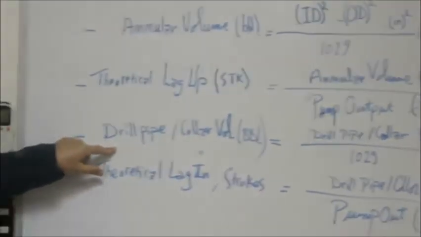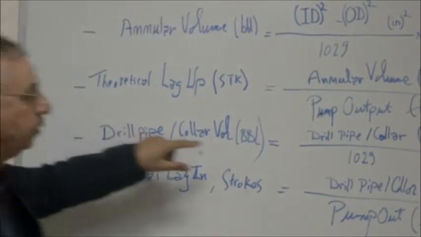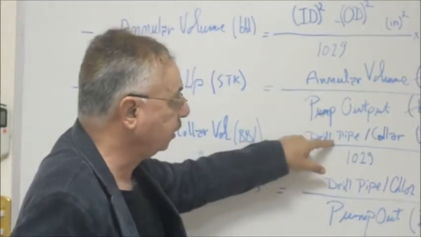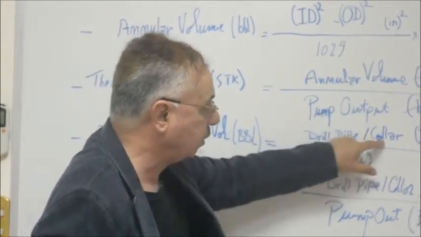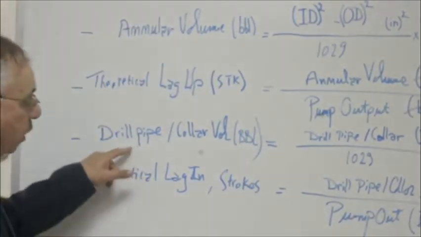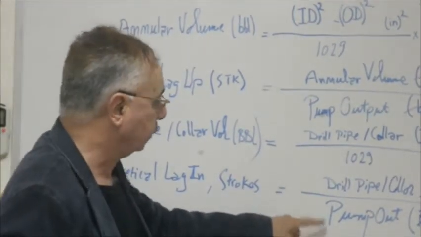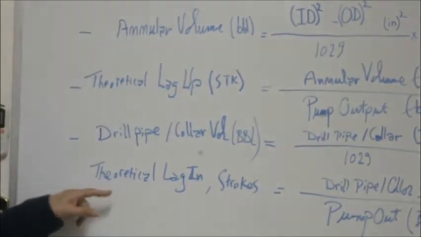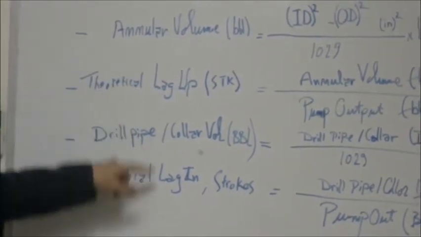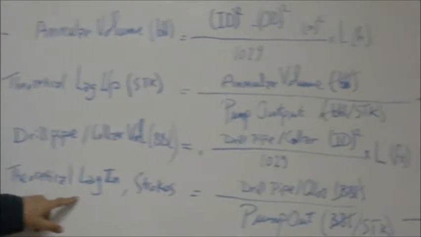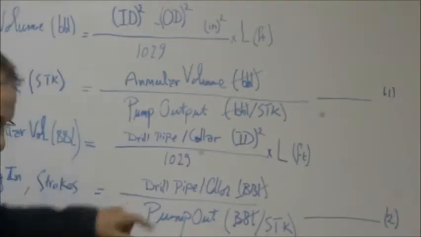Calculate the volume in the drill pipe and drill collar, because they have different dimensions, then divide this volume by pump output. You will get the theoretical lag up and the theoretical lag in. Equation 1 and equation 2.